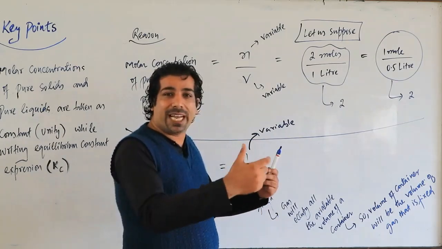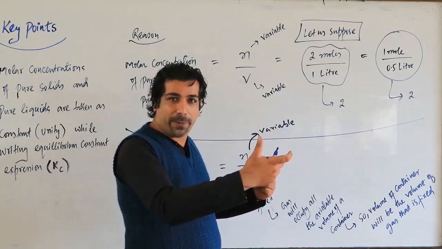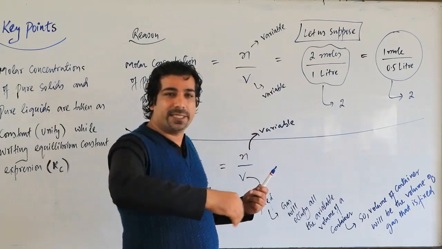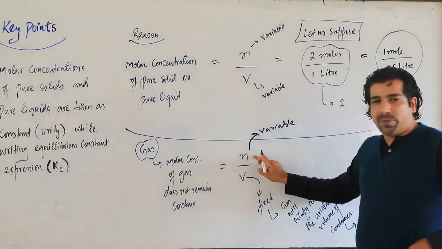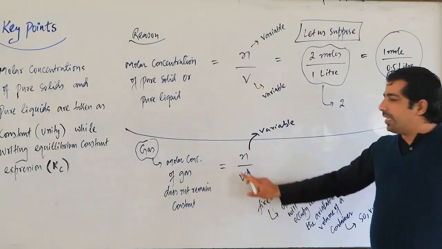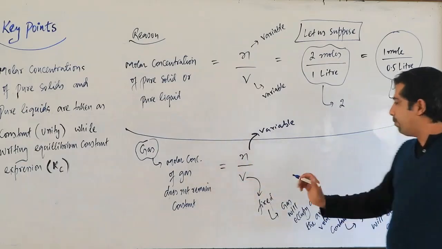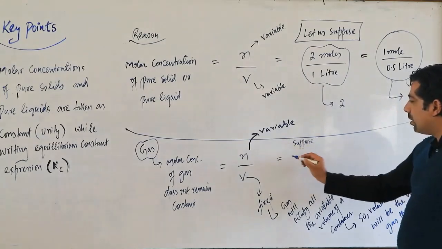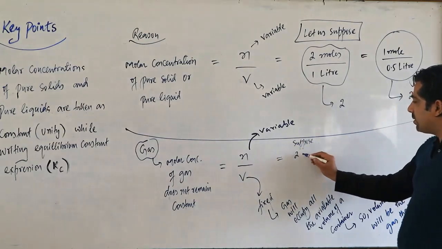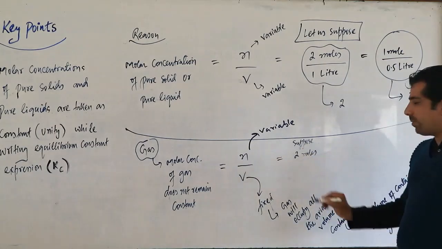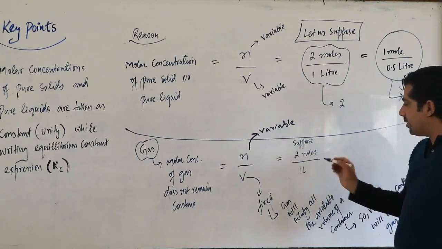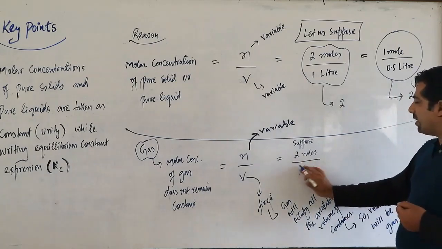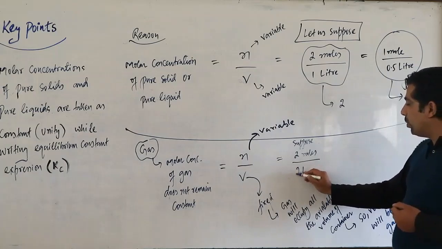But when some amount of gas changes into product, the number of moles of the gas will decrease. When this N factor is decreasing but the V factor is constant, then overall there will be a decrease. Let us suppose we have 2 moles of gas in a container having a volume of, let's suppose, 2 liters.